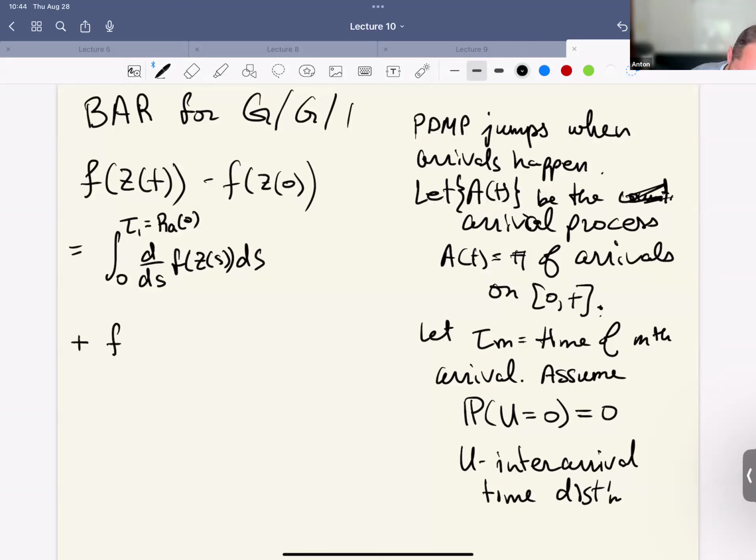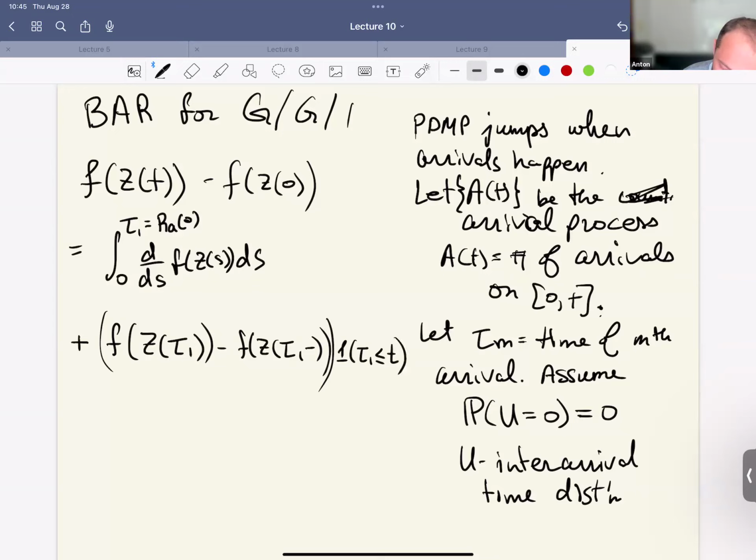A jump happens. So I'm going to denote z of tau 1 as the post-jump state, and z of tau 1 minus as the pre-jump state. Let me add in here this indicator that tau 1 actually happened on or before time t.